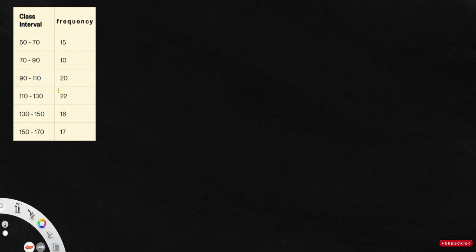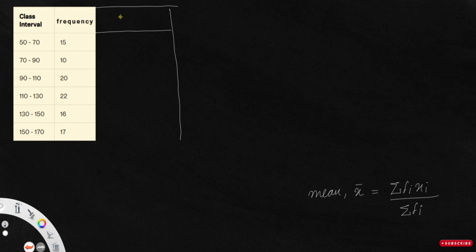Let me take another example. Here also the formula for mean is x bar equal to sigma fi xi divided by sigma fi. So I have to draw another table that represents the class mark, represented by xi.